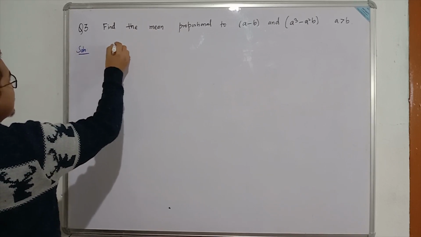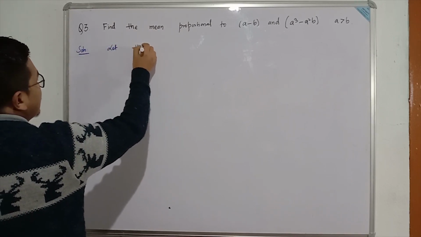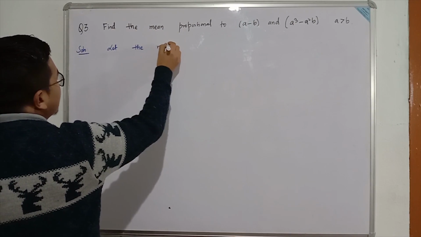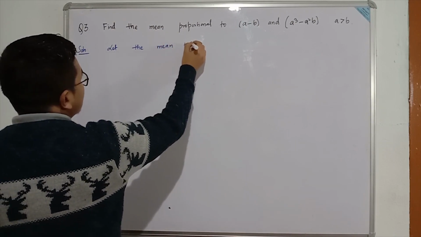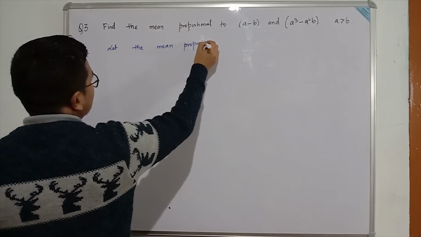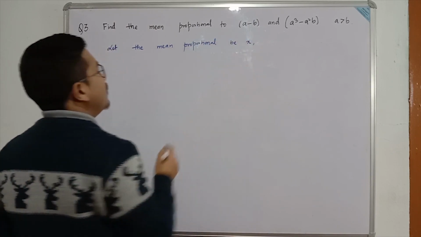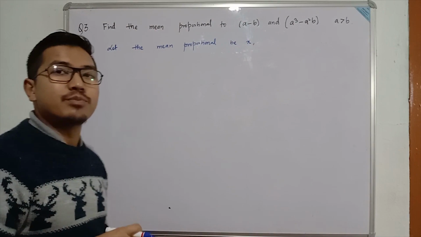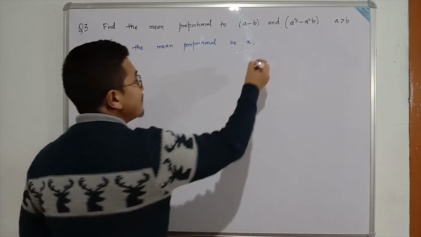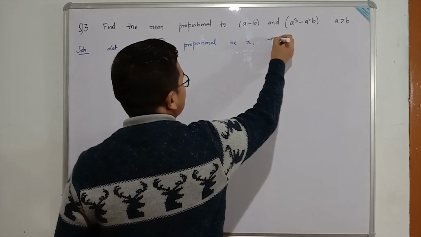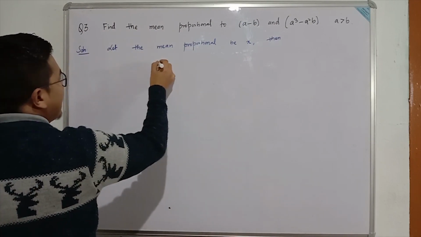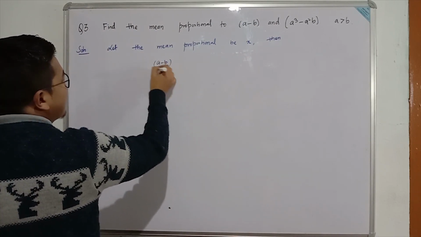So let the mean proportional be x. So if you are assuming x to be the mean proportional, then what do we have? Then the values: a minus b, first value.